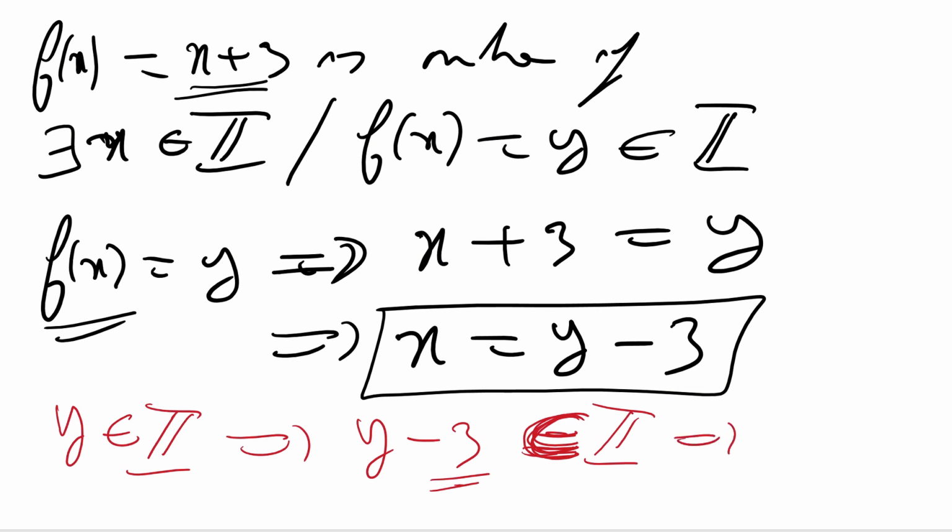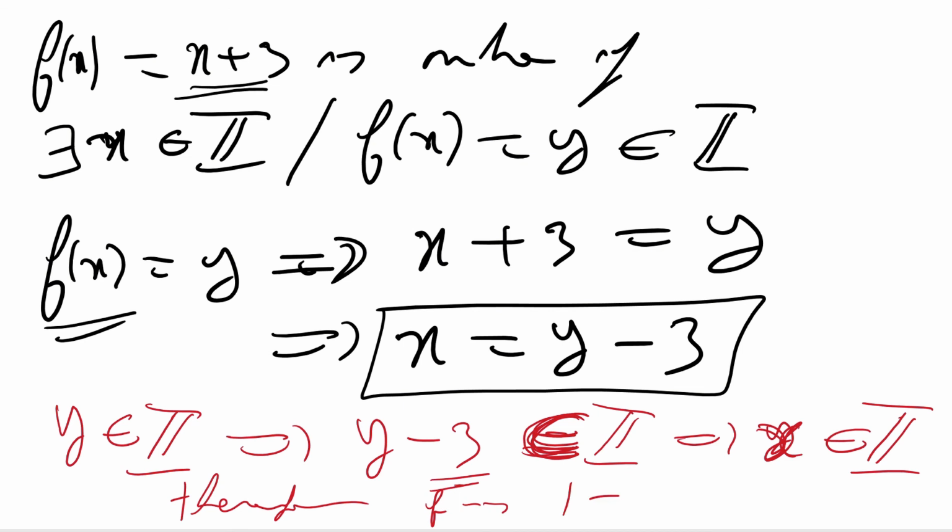So this implies x is an integer. So x is an integer, therefore f is onto. So that was how to proceed on this expression.